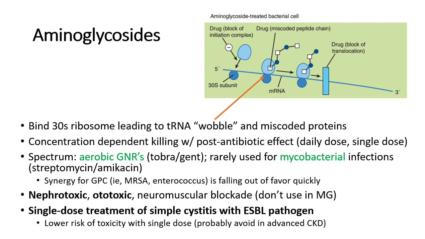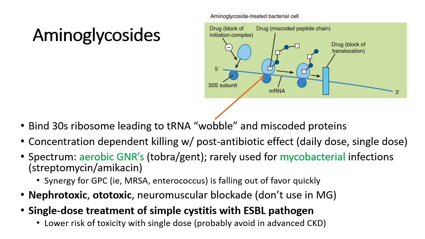I think the single role for hospital medicine is the single dose treatment of cystitis in patients with ESBL pathogens. I use it for this regularly when the ER calls me and they say someone needs to be admitted for some extended course of IV antibiotics, and I just discharge people with a single dose of tobramycin or whatever is sensitive, and that's very helpful.